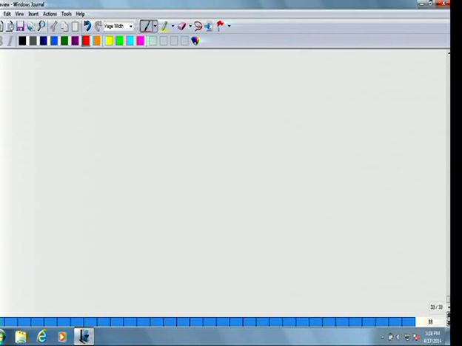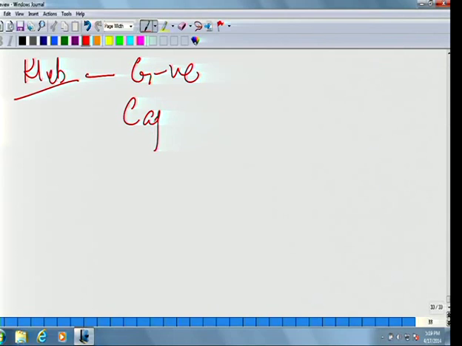Oh, okay, Klebsiella, yes. Thank you for reminding me. Klebsiella, what is it? It's a gram-negative rod with a very prominent capsule. On MacConkey's medium, pink colonies. What does it normally cause?